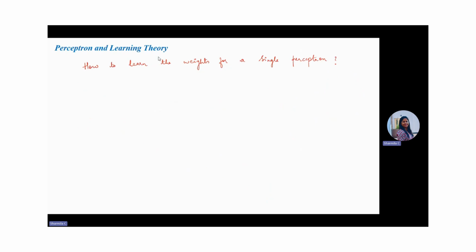So the weights of the single perceptron, it is a precise learning problem, and it is used to determine the weight vector.